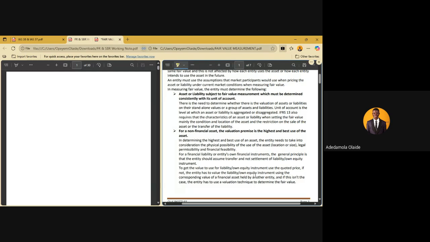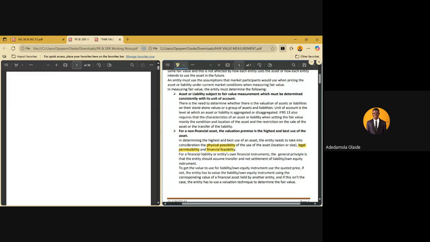In determining the highest and best use of an asset, we look at things like what? We look at three things: the physical possibility of the use of the asset, the legal permissibility for the asset, and the financial feasibility of the asset.